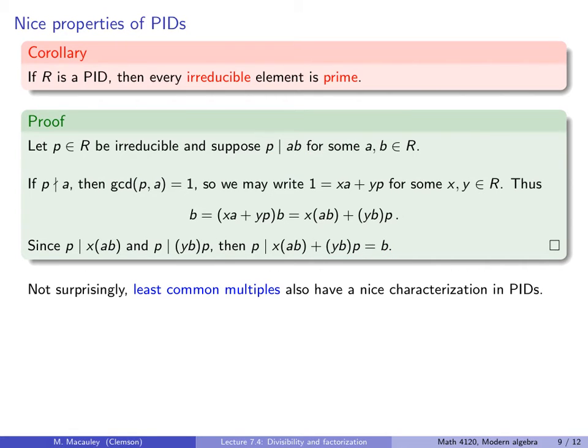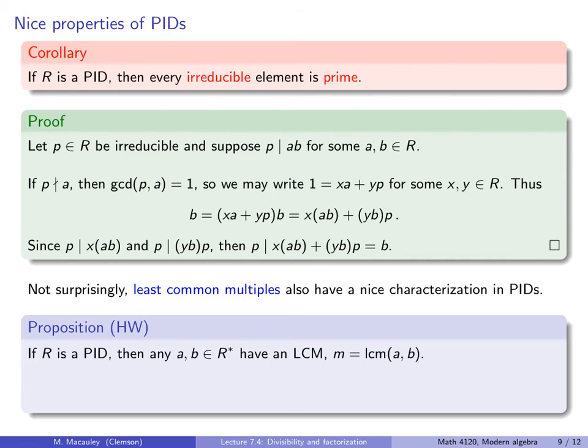Moving on, it's not surprising that least common multiples also have a nice characterization in PIDs. Here's the analog of the theorem on the previous slide, but for LCMs. And I will leave the proof on the homework because it is similar in flavor.